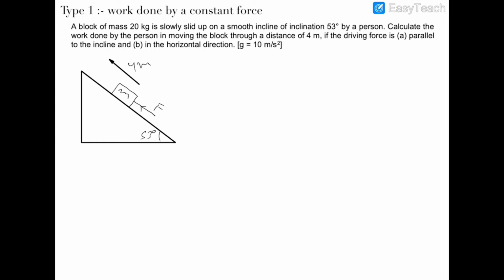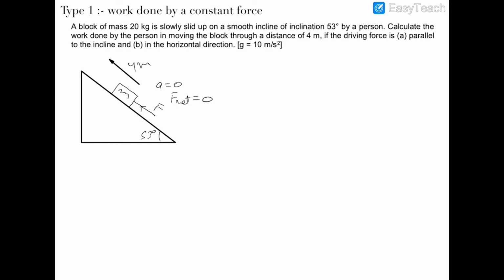Now we can say that if this force is displacing this block slowly, then it means that the acceleration of the block is zero, and it also means that the net force on this block is zero.